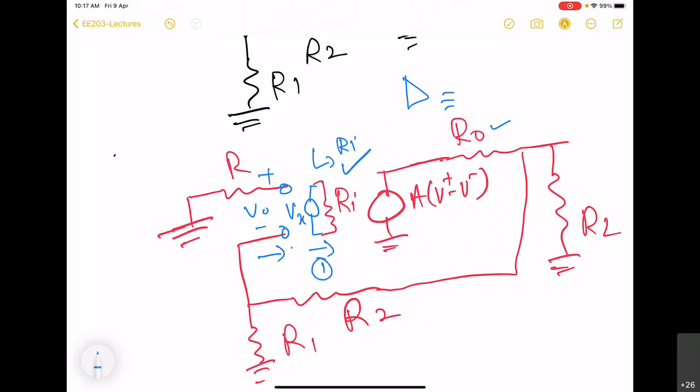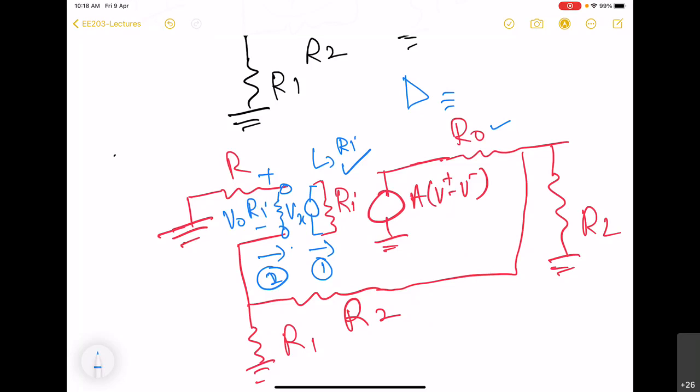So this is node 1, this is node 2. That is why we will have to put Ri at node 2 also and then find out VO. So this is what we will have to do when we assume the op-amp to be non-ideal.